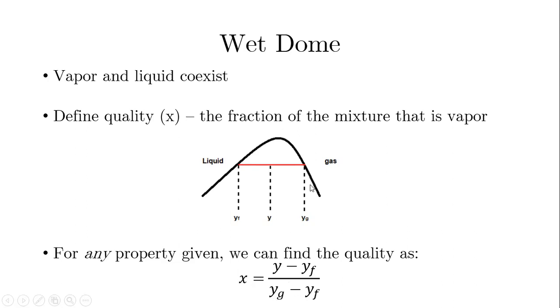So YG would correspond to this point, YF would correspond to that point, and those two would be tabulated, or you can calculate them from an equation. This is what you're interested in. So if I have this one random point, do I have 50-50 liquid vapor? Do I have 25-75? Do I have whatever it is? I can use this to calculate it.